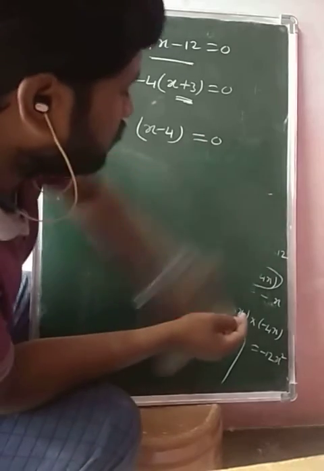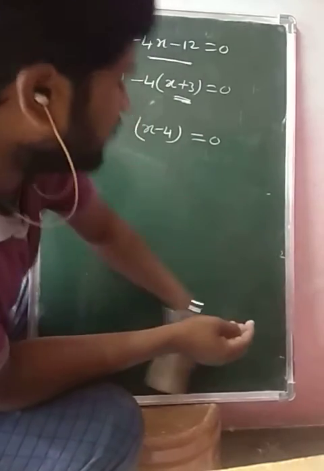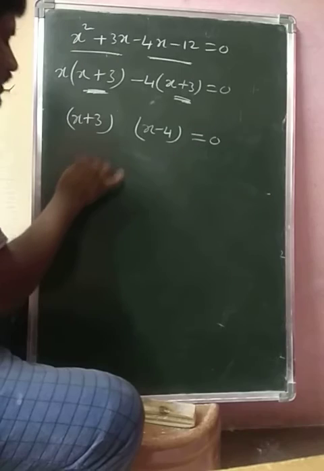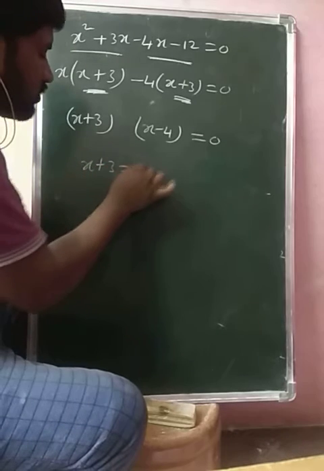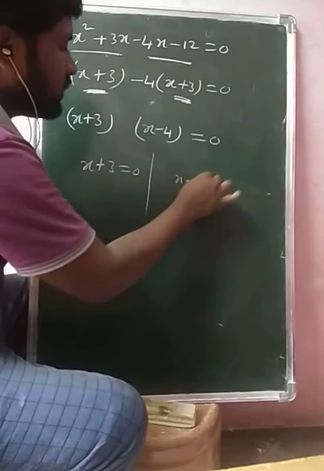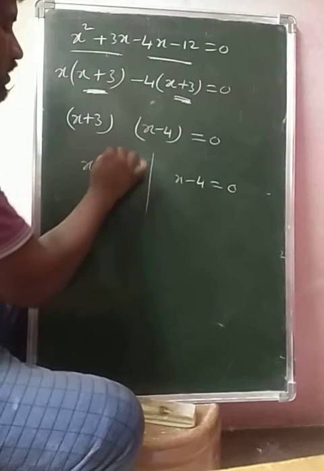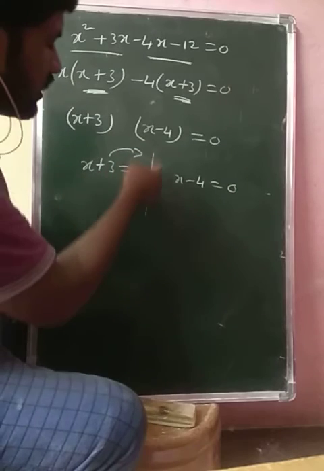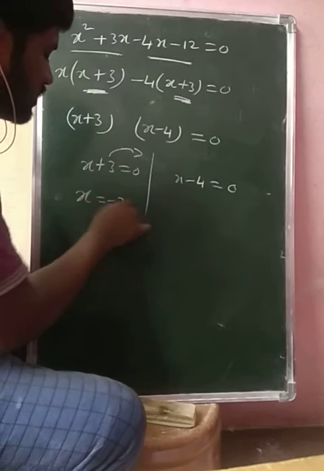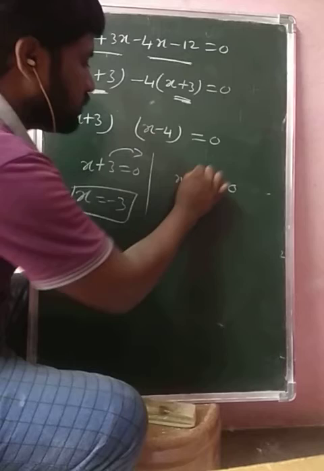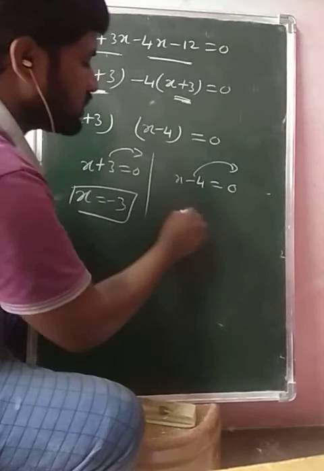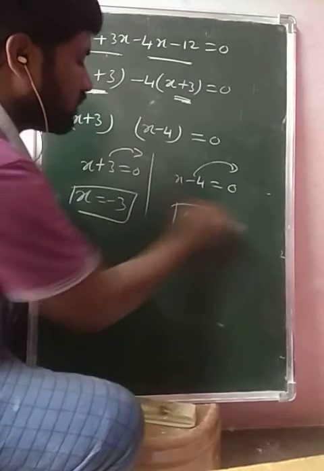Now separately I am going to equate each to 0. That is x plus 3 is equal to 0, x minus 4 is equal to 0. If we transpose 3 to the RHS, x is equal to minus 3, and transposing minus 4 to the RHS, x is equal to 4.